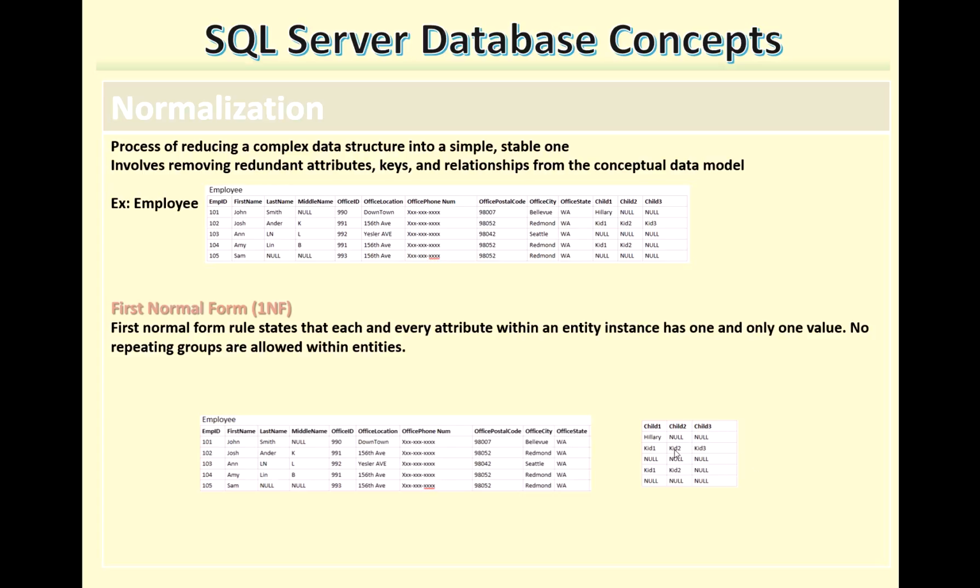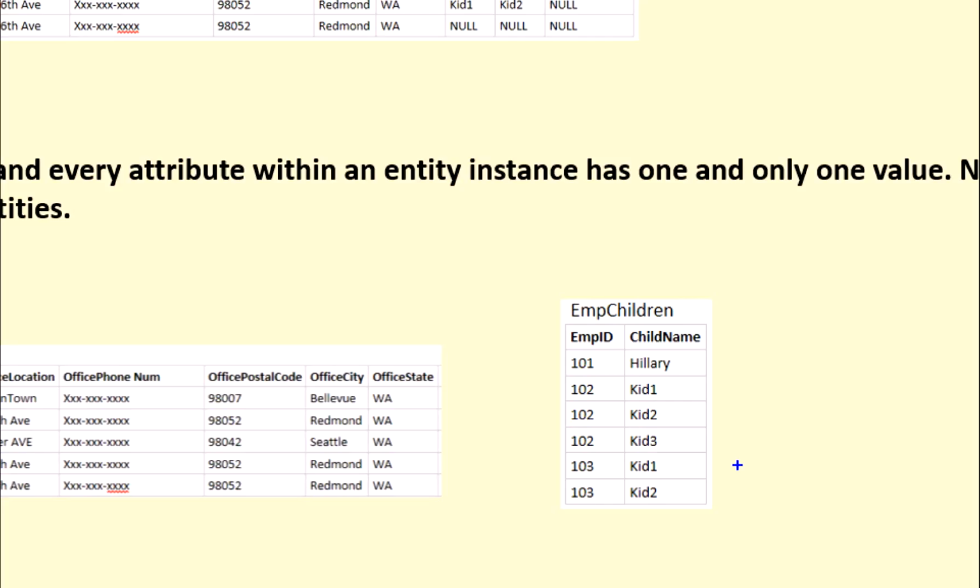So instead we will unpivot this data and make it like this. We changed the data as employee children and made two columns, employee ID and child name. When we make employee ID and child, what happens?